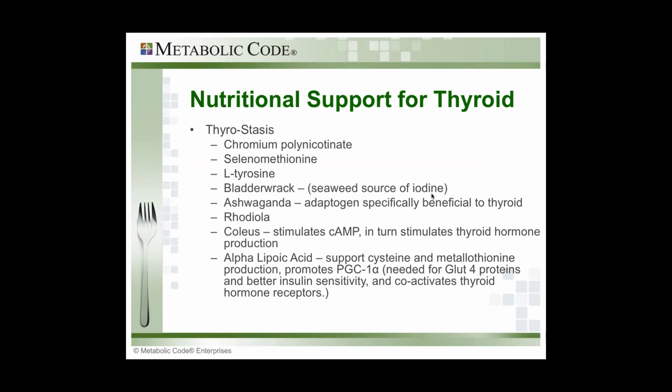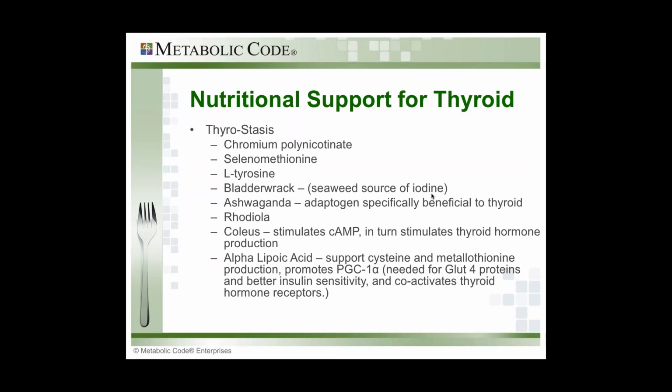The reason is that cysteine supports the production of PGC1 alpha, which is needed for proteins and supporting insulin sensitivity and driving the cellular ability to get glucose into the cells and drive the machinery that thyroid hormones are relying on to drive ATP production.